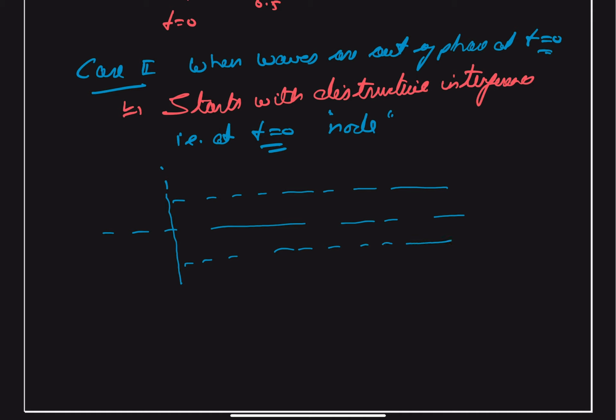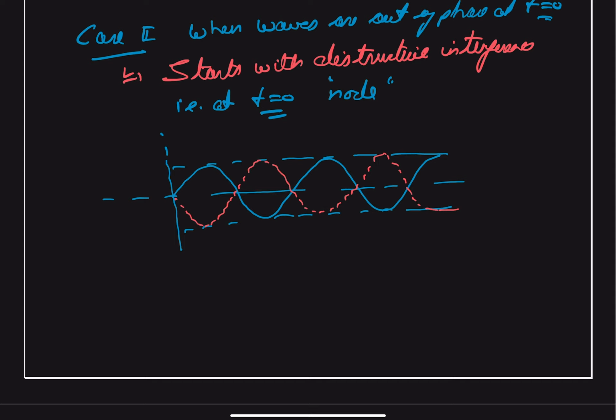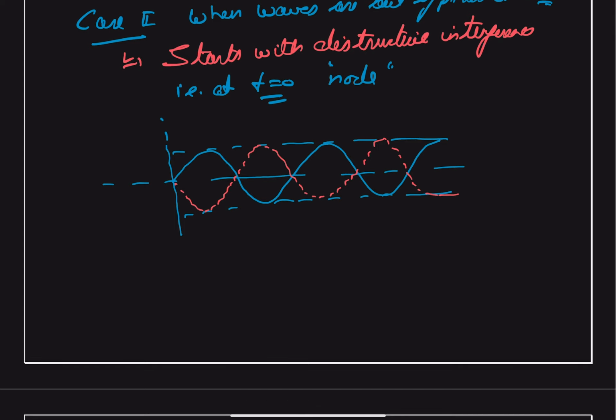So we have a node like this, and this is our t is equal to 0, and we have 0.5, then we are going to have our 1, and this is 1.5, and finally we are going to get 2.